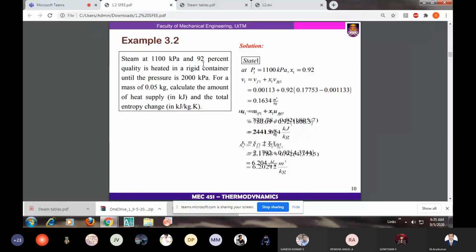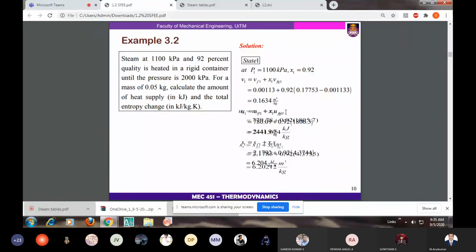Also there is a 92% quality, so we have to consider the quality of the working medium. We have to use this formula: specific volume is equal to Vf, the saturated specific volume, plus X1, that is the quality, into Vfg, the dry saturated specific volume.